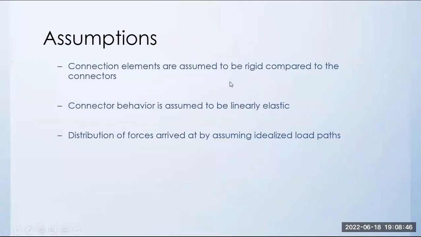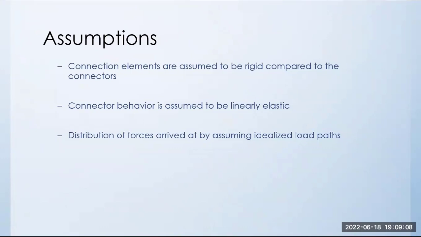Assumptions. As I told you, connection design is the most complex part of any design in steel, so it is based on certain assumptions. Connection elements are assumed to be rigid compared to the connectors, and the connectors can be a bolt, weld, or rivet.